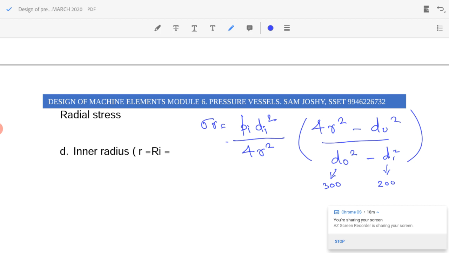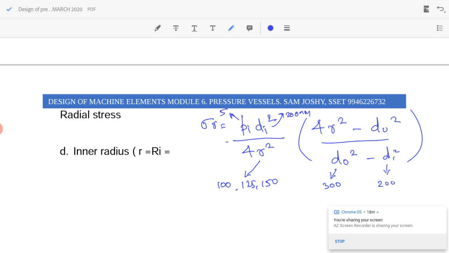We can substitute different values of R as 100, 125 and 150 mm, with inner dia equal to 200 mm and Pi equal to 5 Newton per mm square.